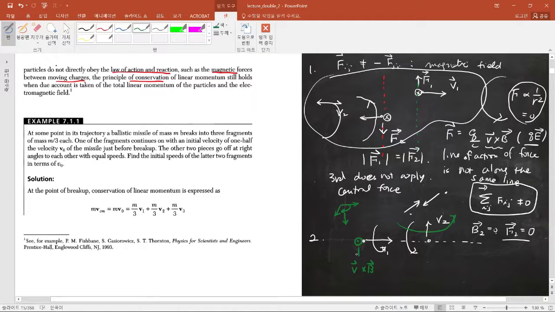So the magnetic Lorentz force is non-zero. I'm sorry, this is 1, so in this case F1 is non-zero, but F2 is 0 because the magnetic field at 2 itself is 0.